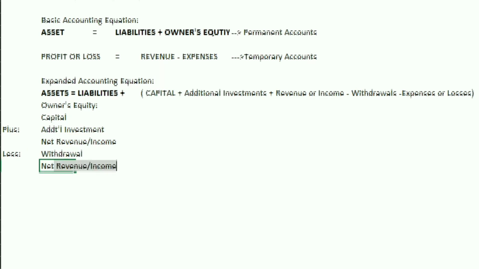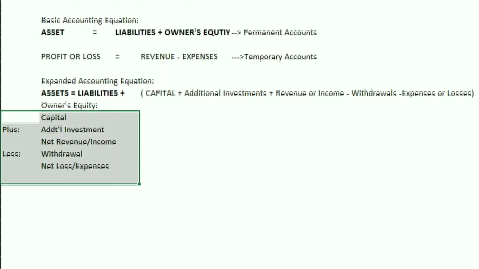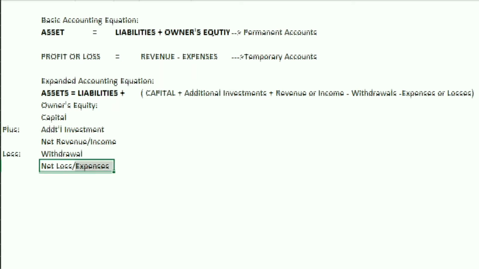Yan. So, from this, mahinuha na natin na pag nagko-compute tayo ng ending owner's equity is ito yung formula natin. Capital or beginning capital plus additional investment plus revenue or income or whatever is the net income less withdrawal, permanent or temporary withdrawal, less net loss or expense. Yan. So, yan yung pag-compute natin ng net owner's equity.